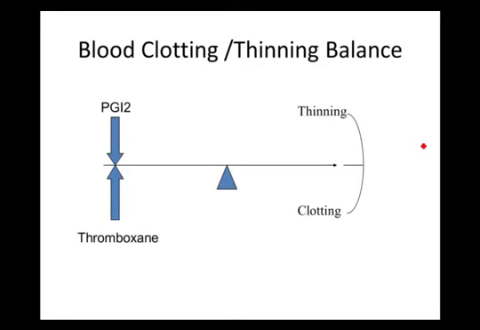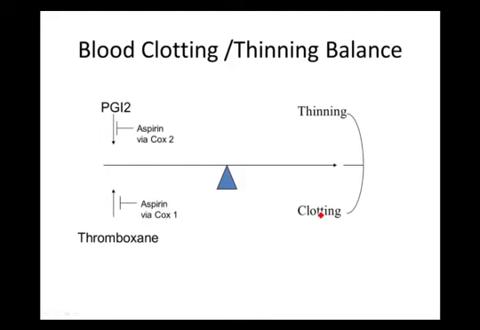So let's kind of review what we're talking about over here. There's a nice balance between thinning blood and clotting blood. Thinning is driven by prostaglandin I2. Thromboxane is driving clotting. Okay, so in normal physiology, there exists an equilibrium, correct? You supply aspirin, which is going to inhibit prostaglandin I2 via COX-2 inhibition.